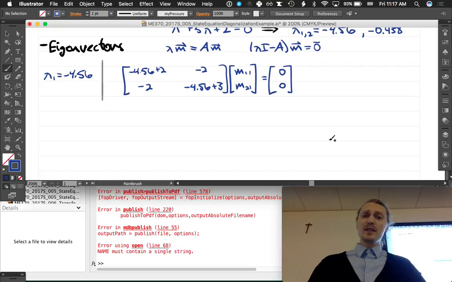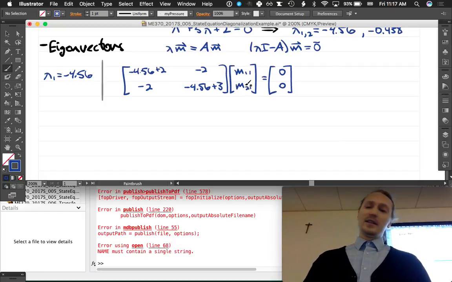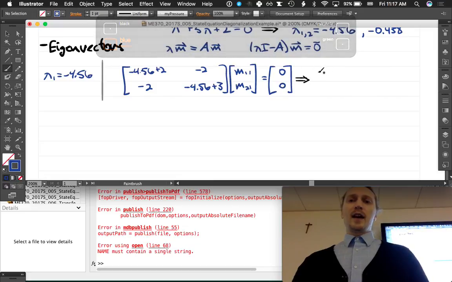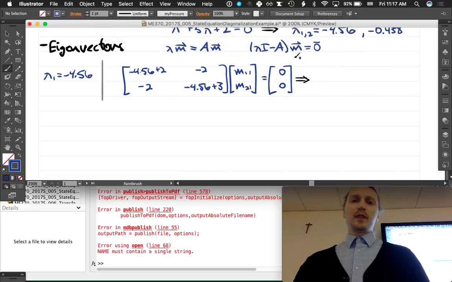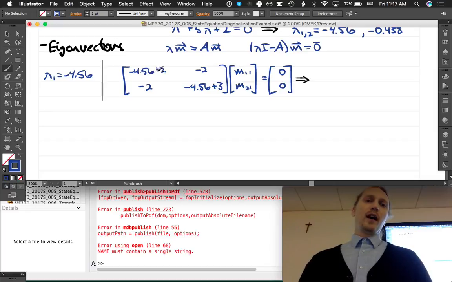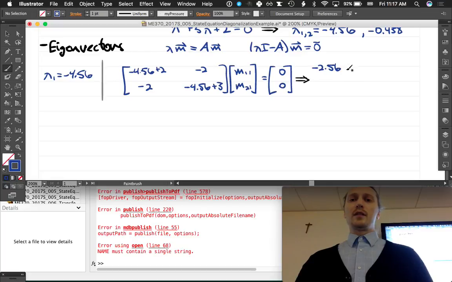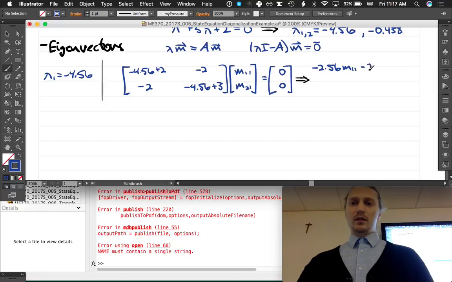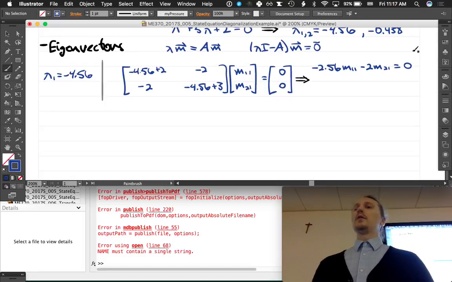So this first row actually is an equation, right? So let's write that equation. It says that m11 times negative 4.56 plus 2, which is negative 2.56, good. And then what's the next term? Minus 2 m21. Very good. Minus 2 m21 equals 0.